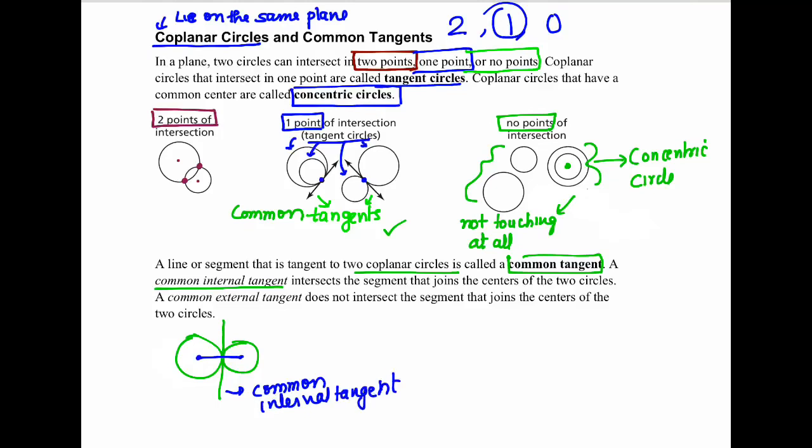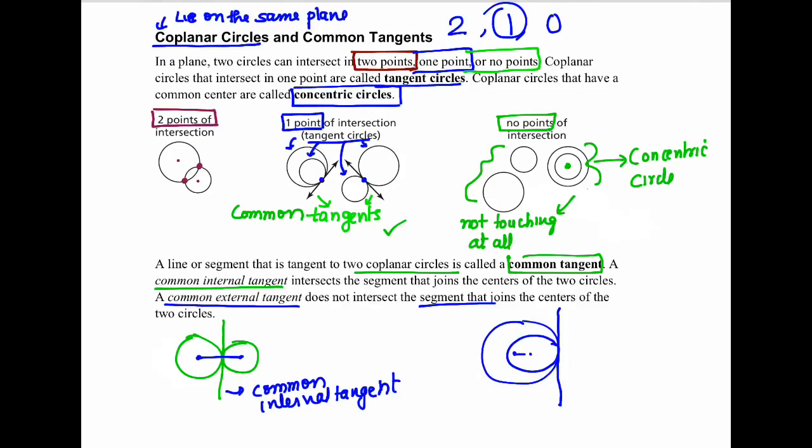All right. And after that, we have another definition, common external tangent. Common external tangents do not intersect the segment that joins the centers of the two circles. So that's going to be a case where there is one circle, another circle. This is the center for the bigger one, and that's the tangent.